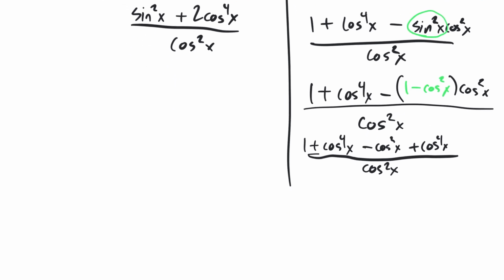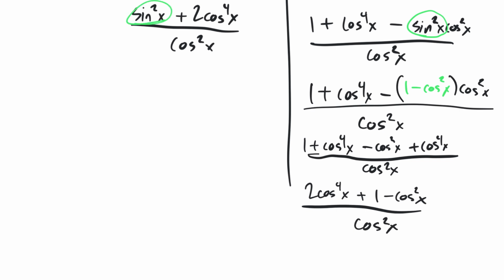So now I've got cos to the 4x, so that's 2 cos to the 4x plus 1 minus cos squared x over cos squared x. Oh, and if we remember, we can use that identity here on sine.